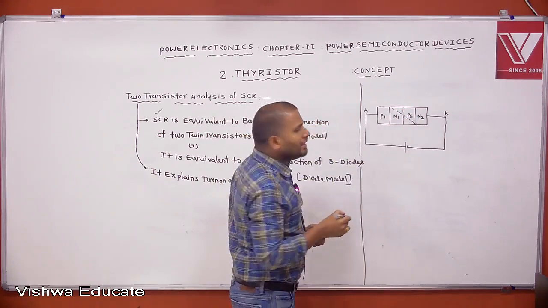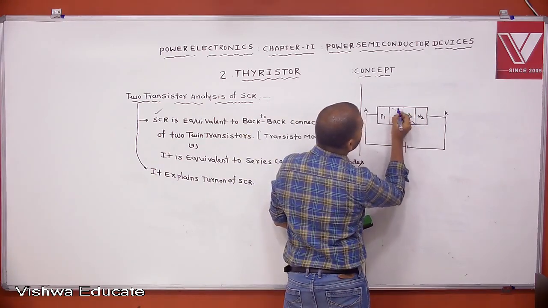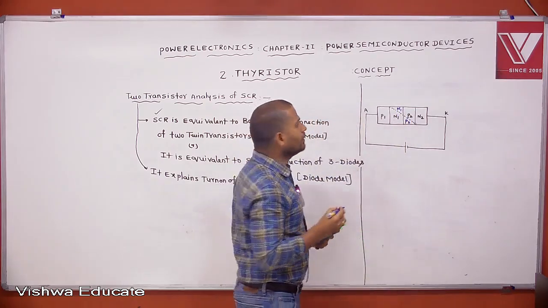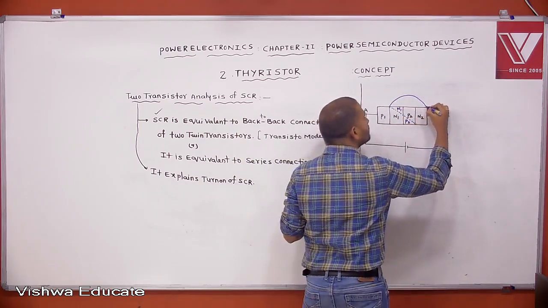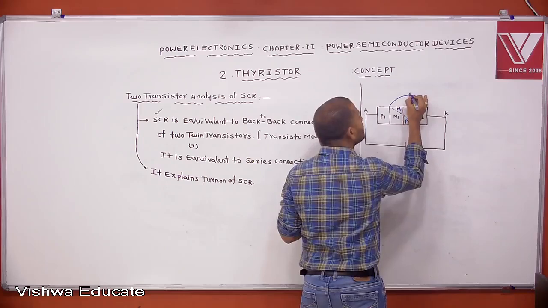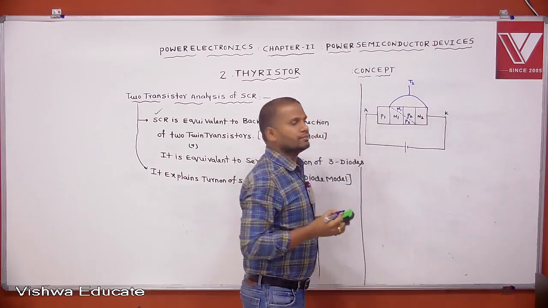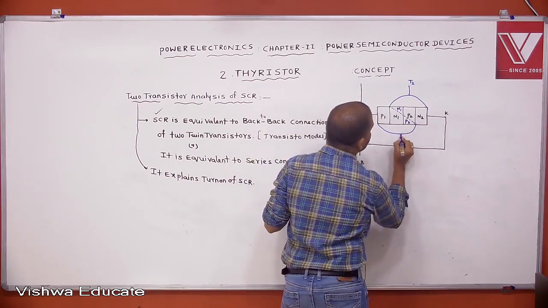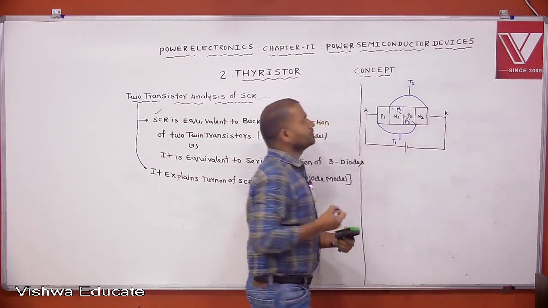Now for analysis purposes, let us assume that this is exactly divided into two equal parts. Then this is the P2 layer, this is the N1 layer. This is one transistor, an NPN transistor. Let this be the T2 transistor. This is another transistor, the T1 transistor, a PNP transistor.